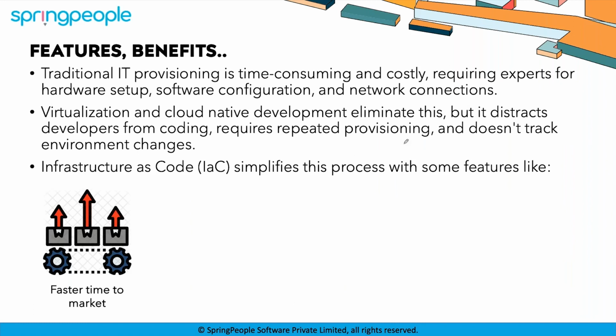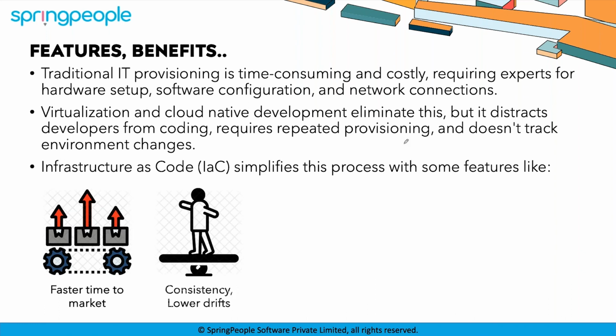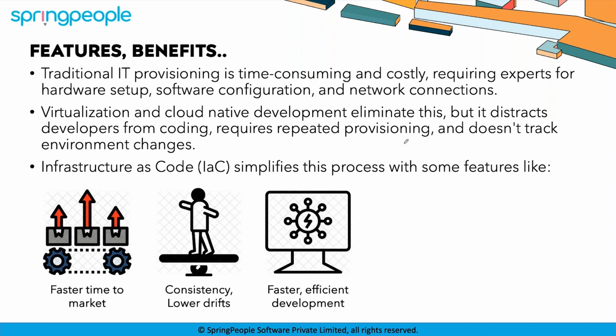Some of the features: time consumption is one of the biggest threats for businesses, because whenever there is additional time, they lose the opportunity, and business doesn't like losing the opportunity. Infrastructure as code will help you move your solution to market faster, with fewer consistency issues and lower drift.